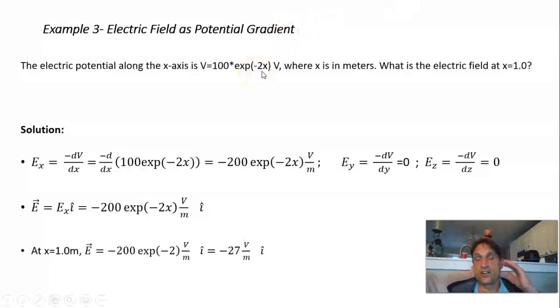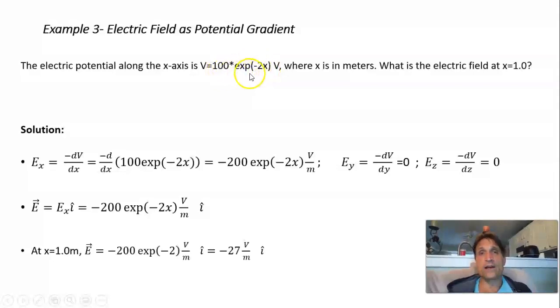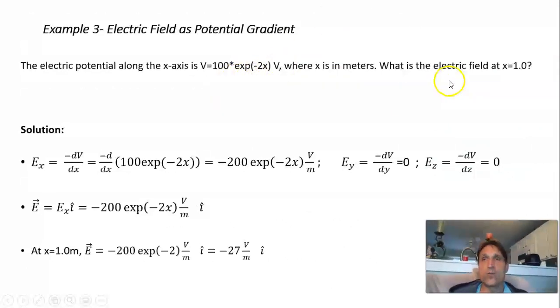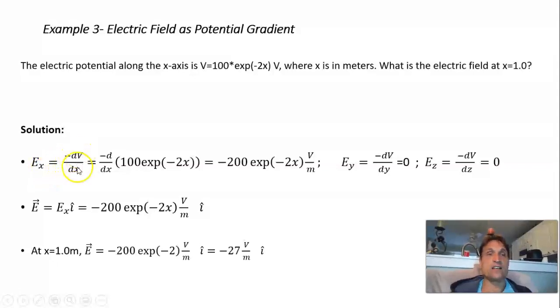It changes in the x direction. It has no dependence on y, and it has no dependence on z. The question is, given the equation for the voltage, how do we calculate the electric field at x equals 1 meter? Well, Ex is negative dV/dx.